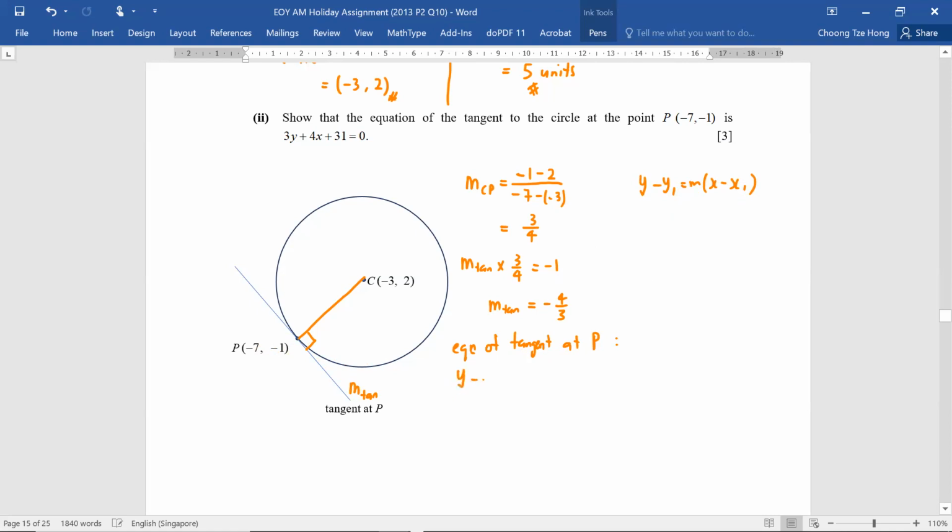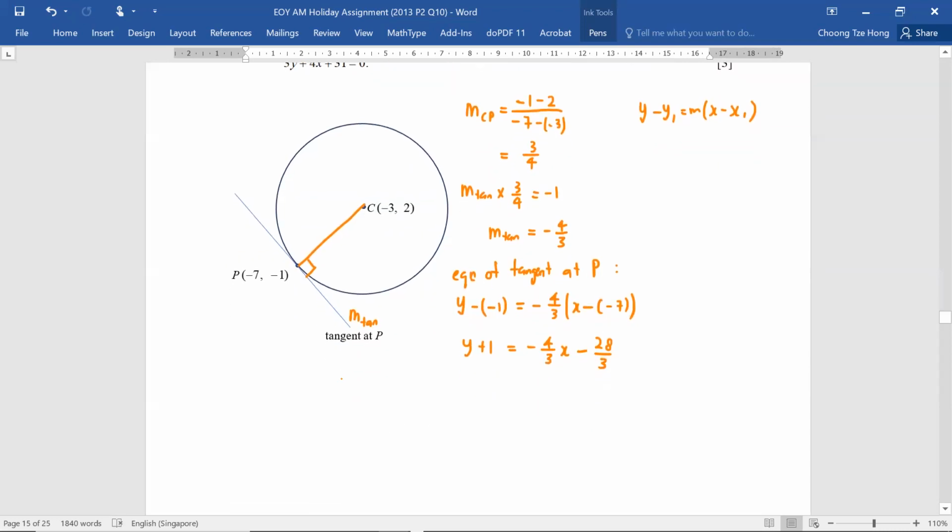So y plus 1 equals -4/3 times x plus 7, minus become plus, so -28/3. Okay, so just one more step and we'll get our answer.